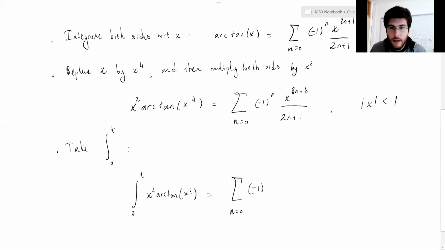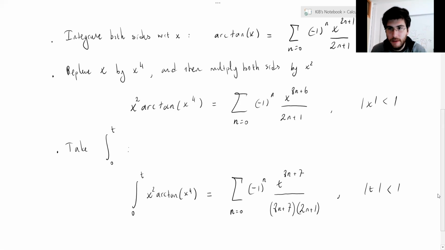If you do the integration and compute the definite integral, you have t to the, something like this, divided by this term. This is from the integration, and this is your other term. We evaluate it from 0 to t. When you substitute t, we have this expression. When you substitute 0, we have nothing. Okay, fine, that's all. And of course, maybe we should be careful here: now t should be less than 1.